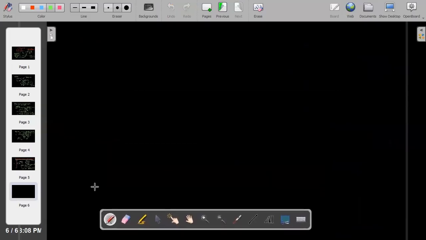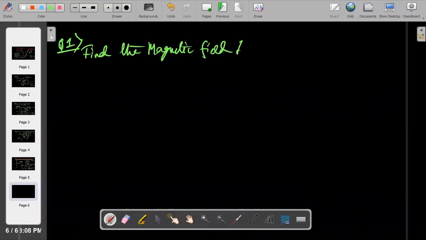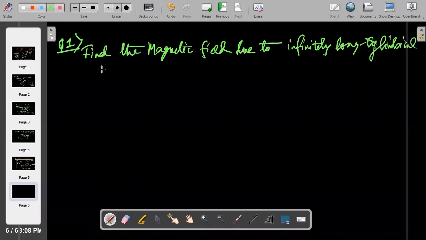The next question is, if the question comes like that: find the magnetic field due to an infinitely long cylindrical wire, not the straight wire.